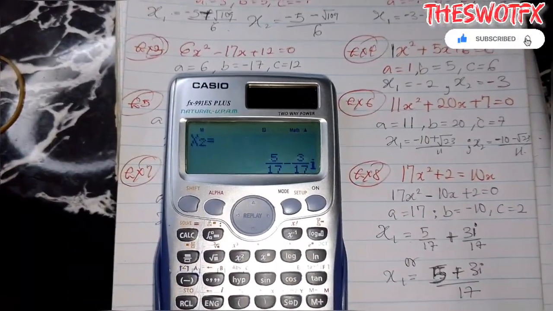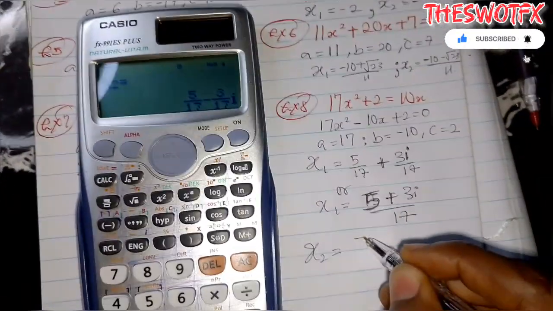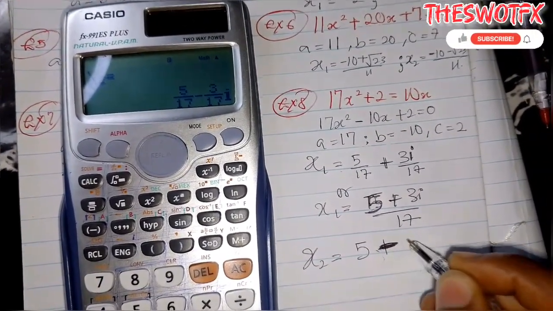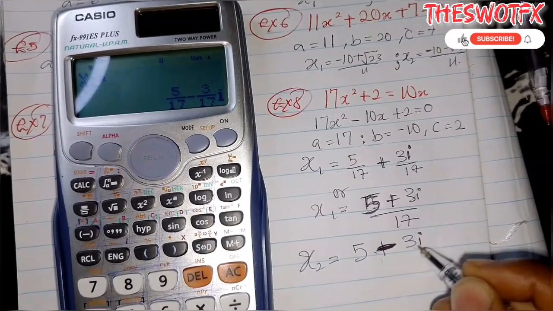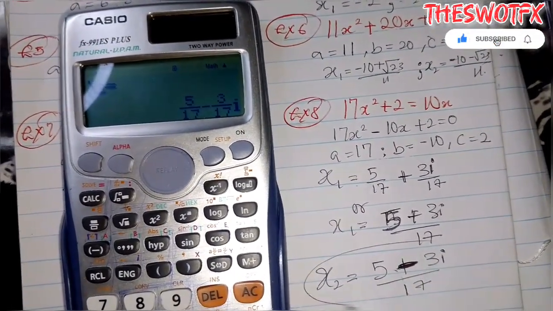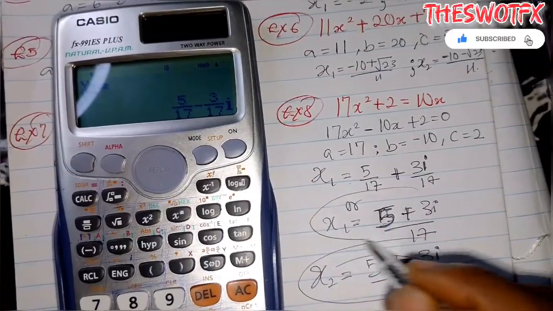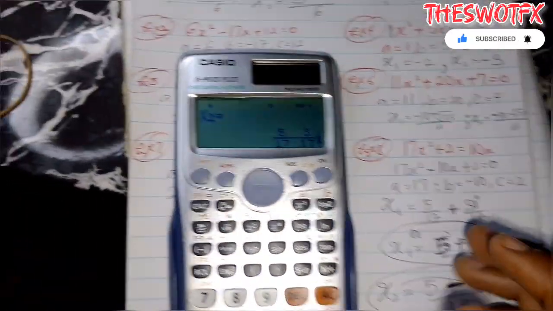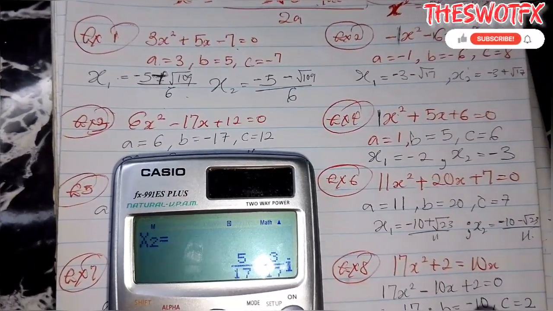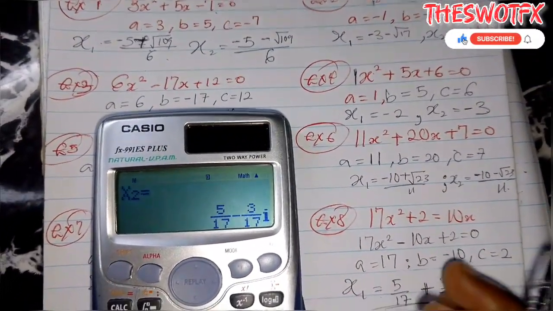Okay, so x2 is 5 minus 3i, everything all over 17. So this is our x2, this is our x1. So that is literally how to solve quadratic equations using your calculator.